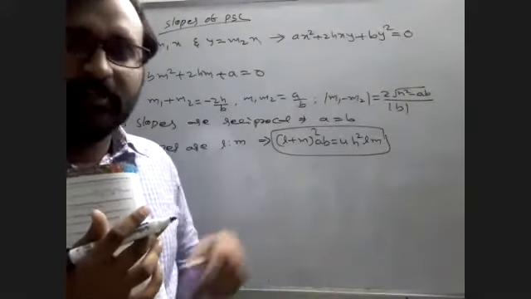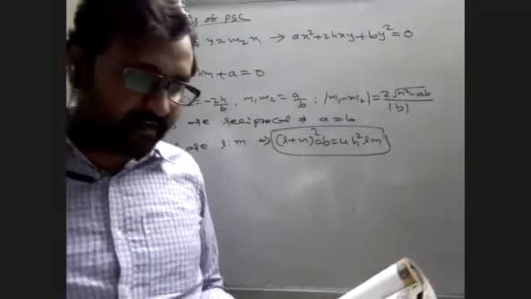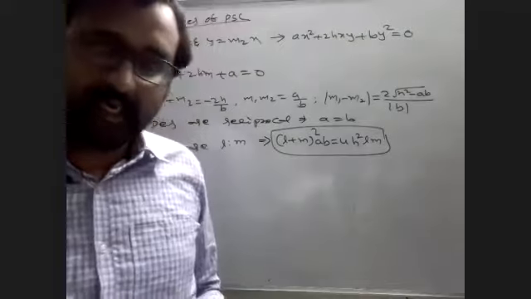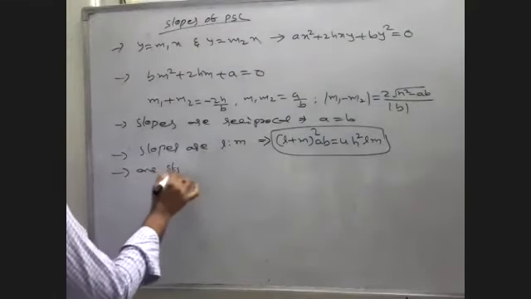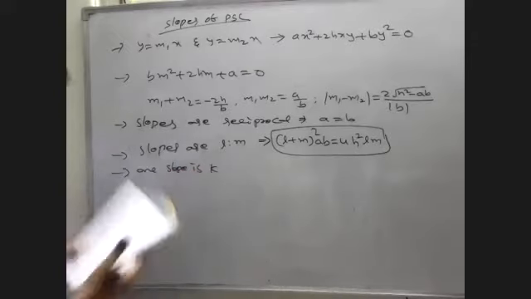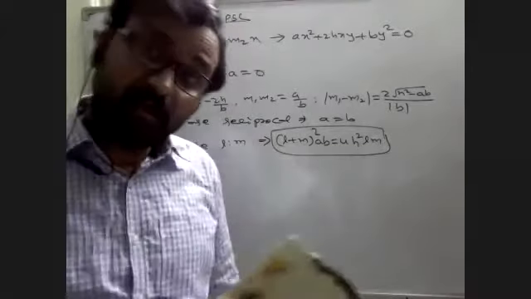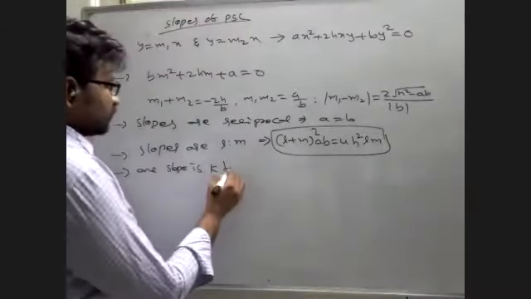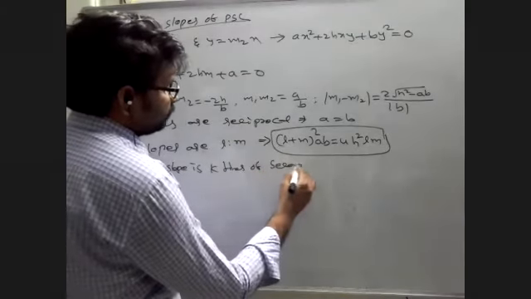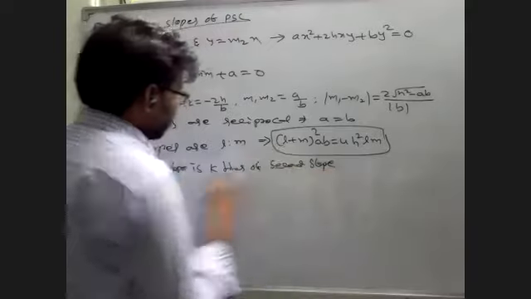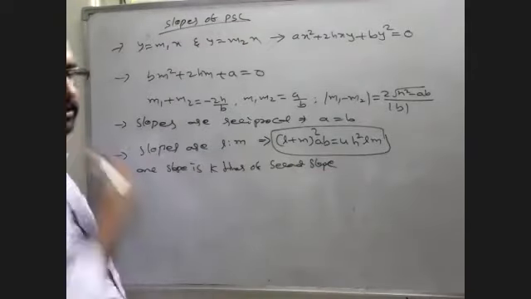If the slope of one line of this pair of lines is K, means one slope is K times the other slope, K times the second slope. This is the ratio L is to M, if the slopes are in the ratio L is to M, that is the condition.